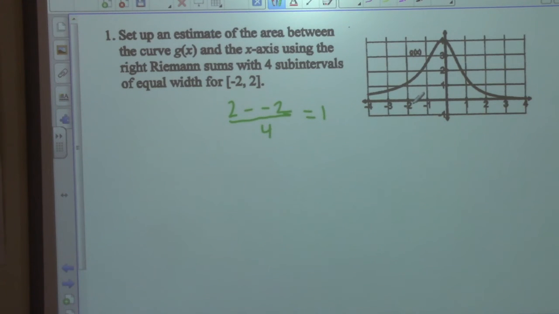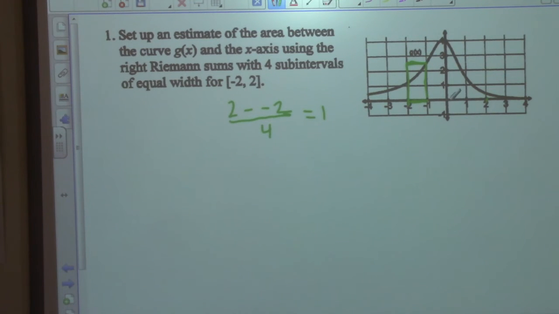So what we do is we're going to start here, and we're going to go all the way to here. And so we go up, it's a right Riemann sum, and so our first rectangle is going to have this base of 1, and it's going to go all the way up to the curve, and once we get to the curve, we extend horizontally and then down to complete our rectangle. So this is one of the 4 rectangles we're going to use.